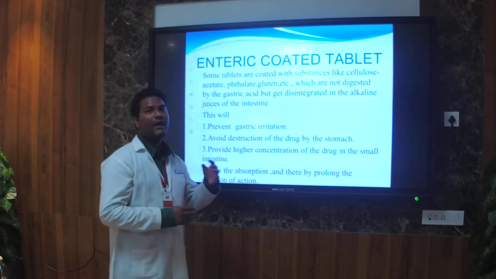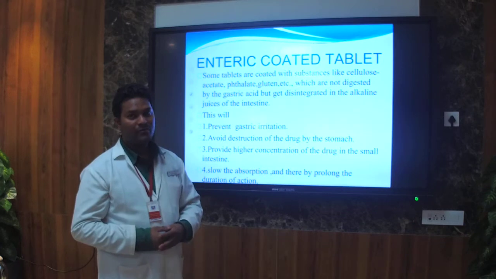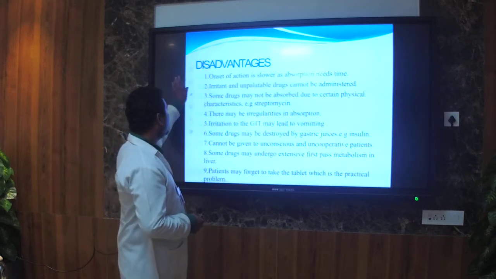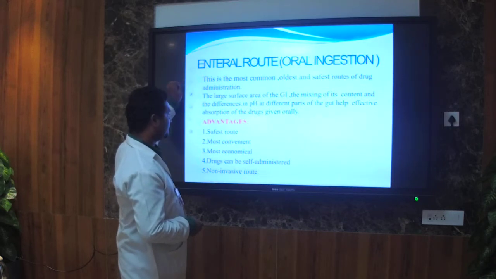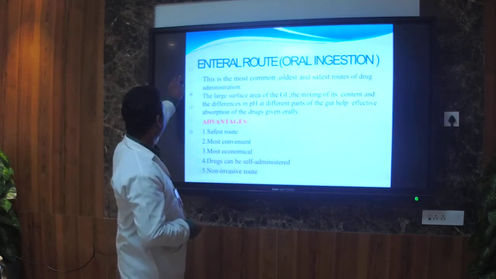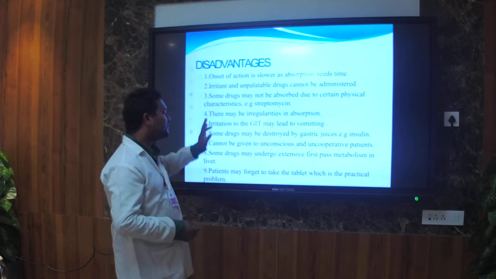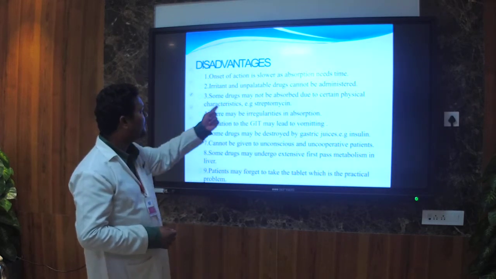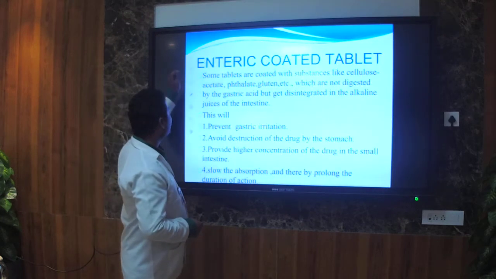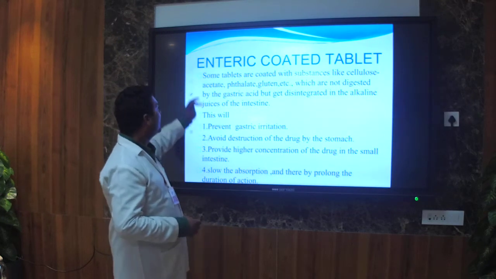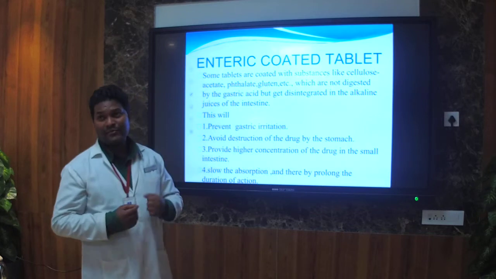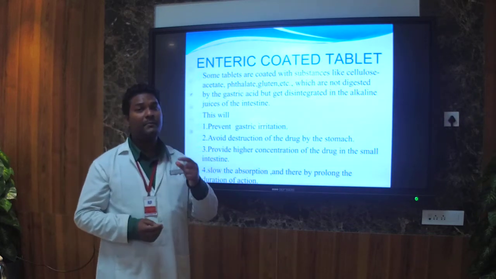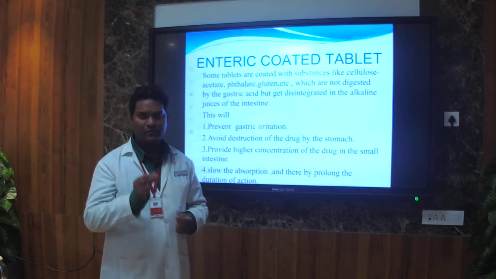For this, I have to bring you back to the point we discussed in the previous slide, the disadvantage, where we saw that some medicines, for example streptomycins or antibiotics, do not get absorbed because they are destroyed in the gastric acid, so they are made into capsule form, the cellulose capsules.